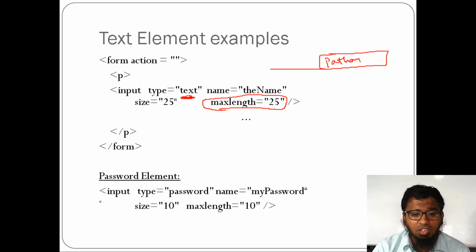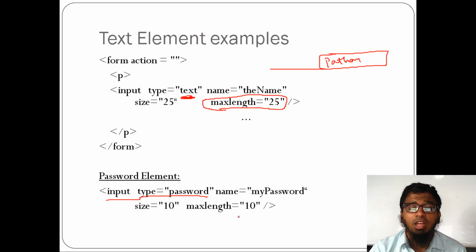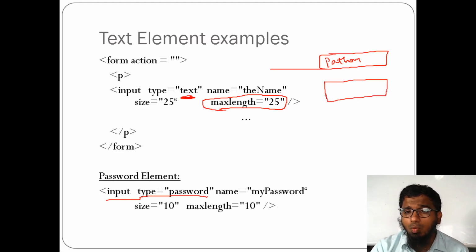When you go to input type password, name equals my password, and size is 10 or maximum size is 10. So here another text box is displayed, but when I am writing a password, it will display like this.